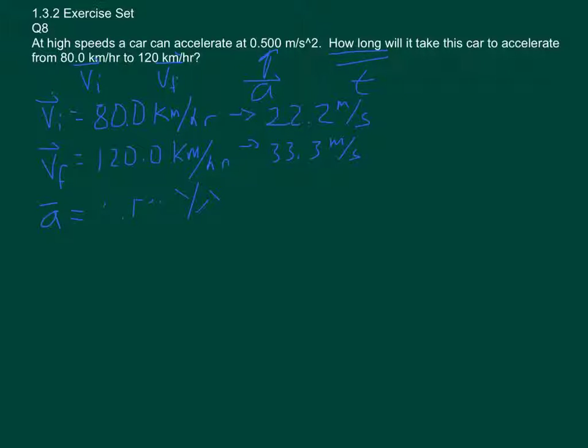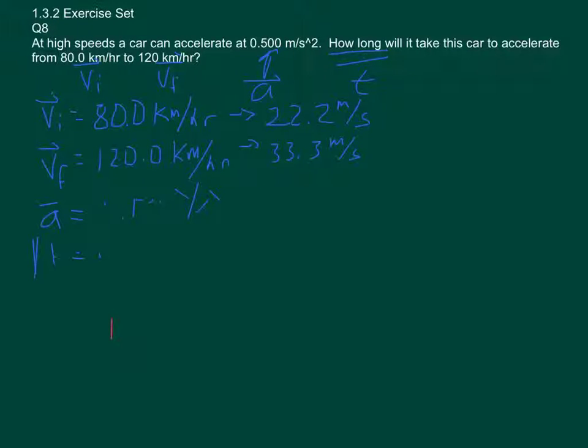How long will it take? What time will it take? Is the question. Can we do it? I have VI, VF, A, and I want T. Is there an equation? Absolutely. Let's go to it.